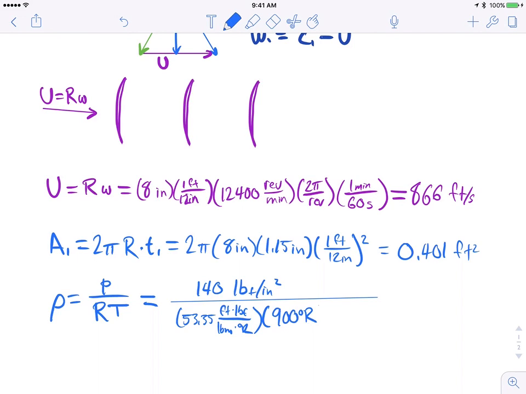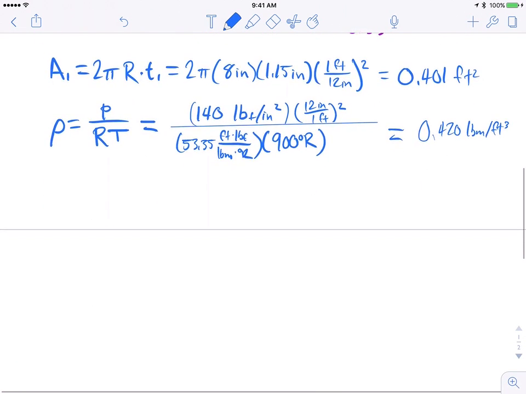A useful unit would be pounds mass per cubic foot. Our temperatures will cancel out, our pounds force will cancel out, and we really just have to get all of our length scale in terms of feet. So we can multiply by 12 inches per 1 foot squared, and that gives us units of pounds mass per cubic foot, which is 0.420 pounds mass per foot cubed.